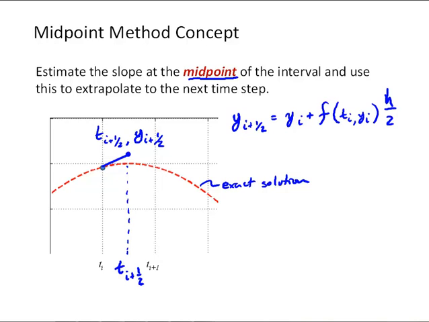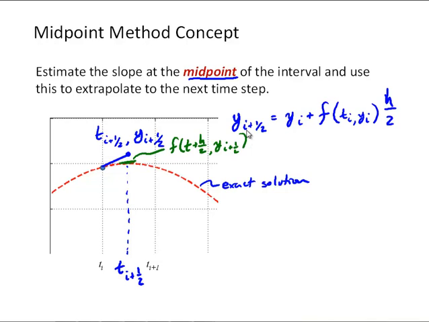Then when we get to that point at half the interval, we'll take the slope at that midpoint. And here's that slope right here, at that midpoint would be f at t plus h over 2 and yi plus 1/2.